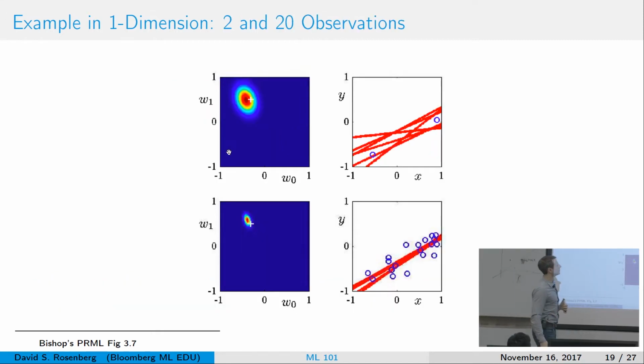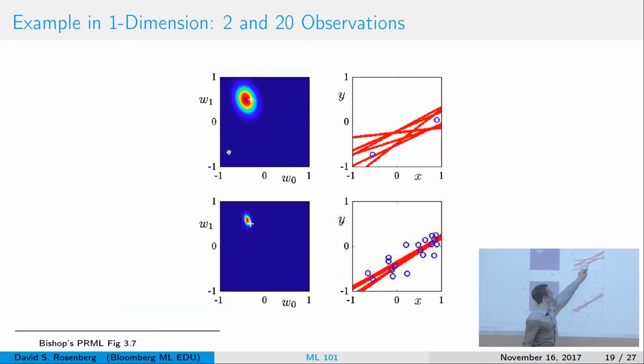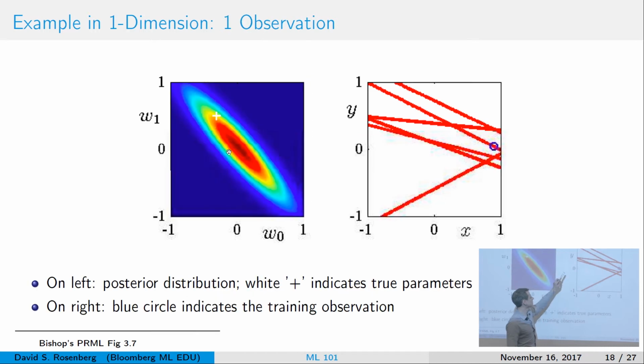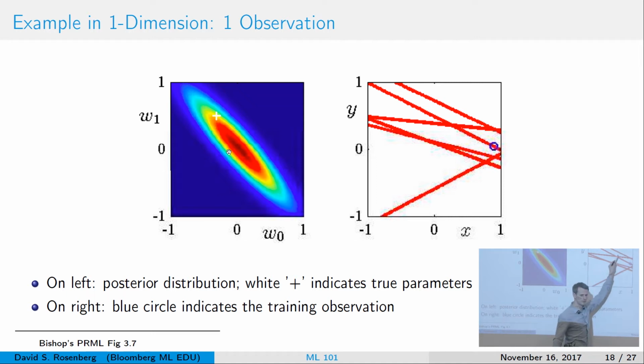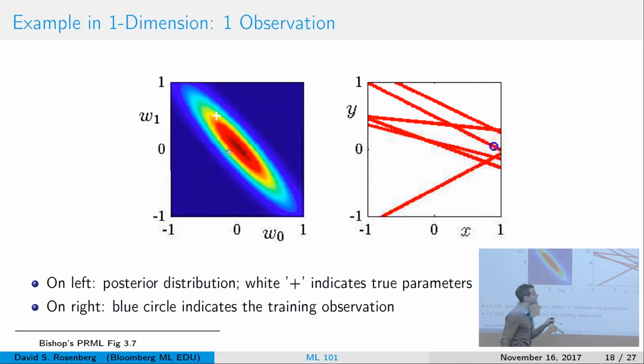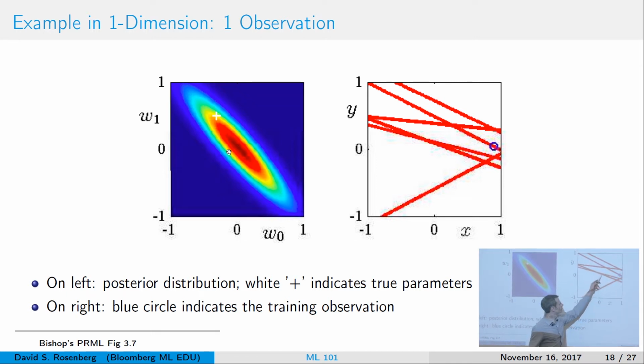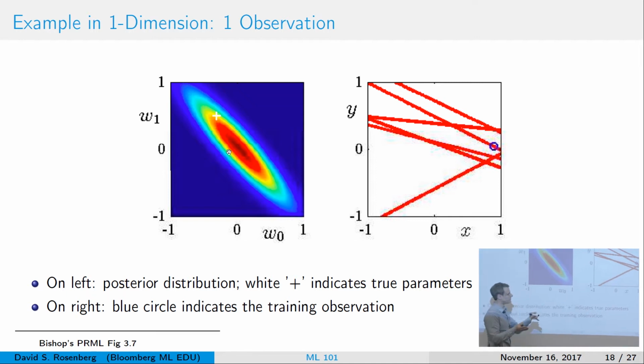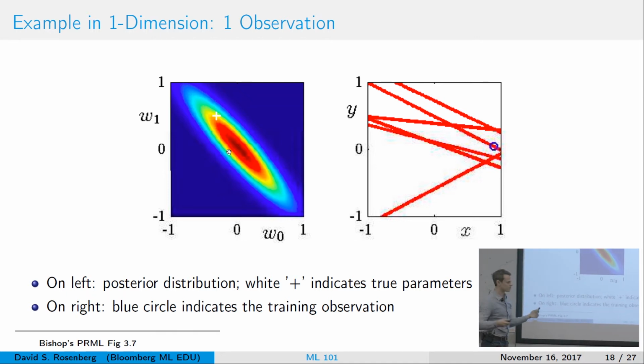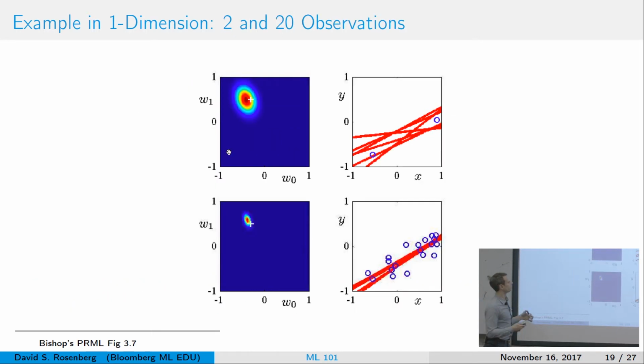Add more data. So here's after 2 observations. So here's our updated posterior. And then we've drawn new W0, W1s from this posterior, and those correspond to these lines here. And the idea is that each of these lines will converge to something that's more close to the true W0, W1 line.